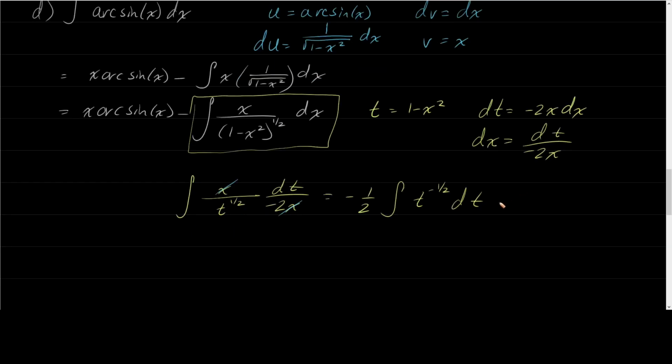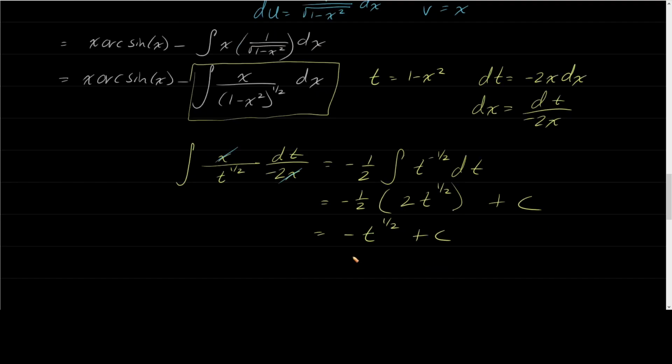And at that point, that integral becomes negative 1/2 times, add 1 to the exponent, divide by the new exponent, which is multiplied by its reciprocal, and then plus c. So what we really get here is negative t to the 1/2 plus c. Notice that the 2 and the 1/2 reduce. They cancel each other out.